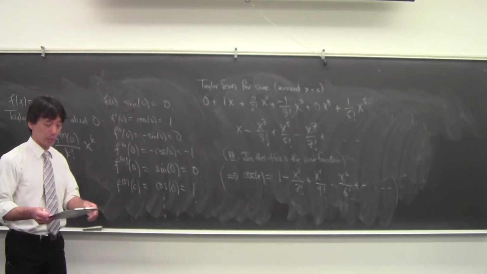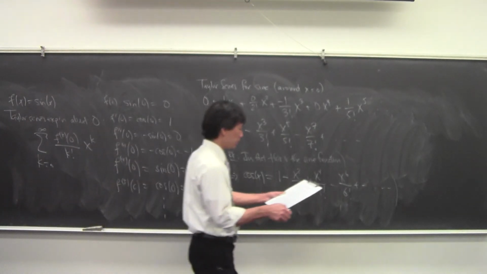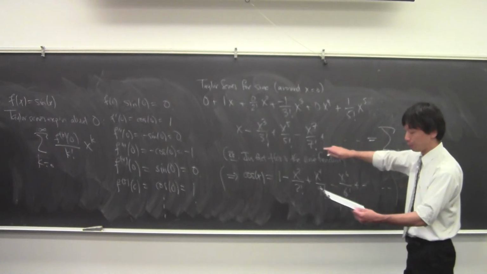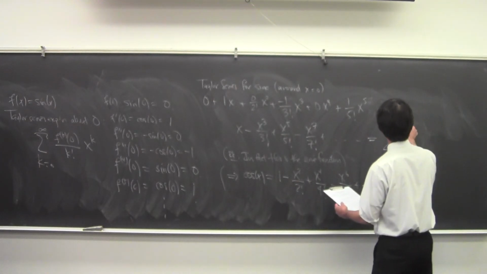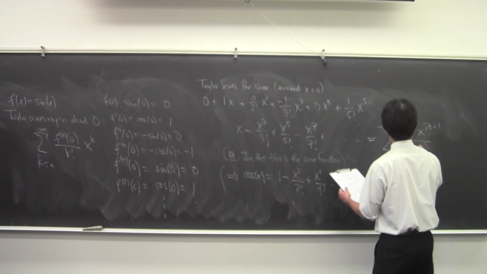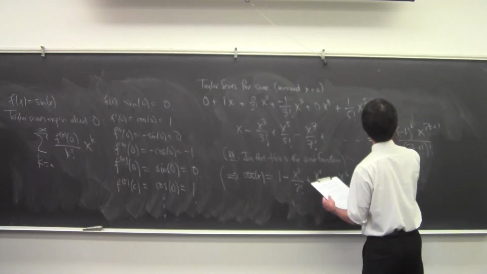Let me also write this more concisely as the sum of -1 to the k, x to the 2k plus 1 over 2k plus 1 factorial, as k goes from 0 to infinity.